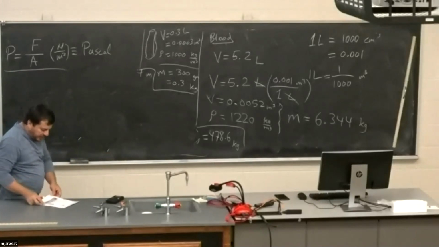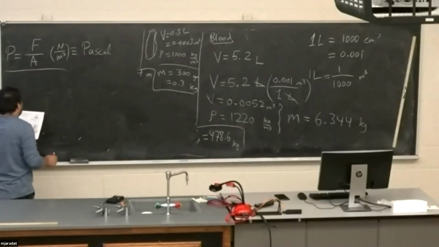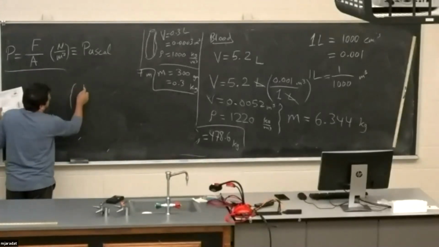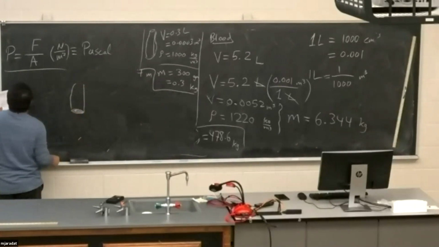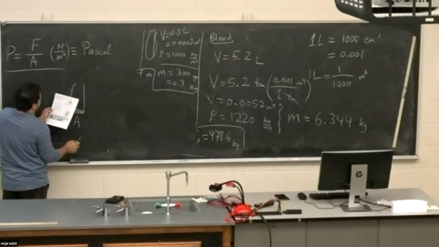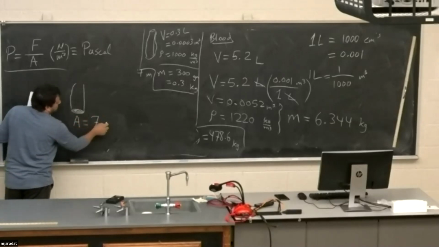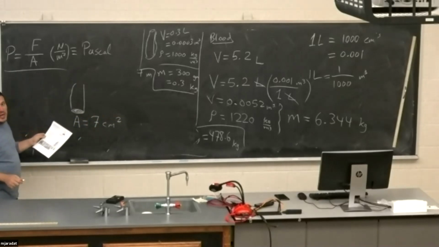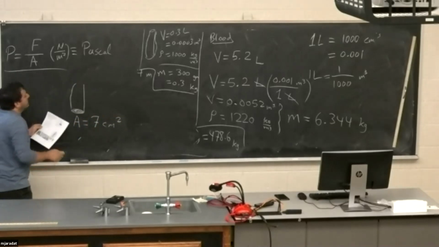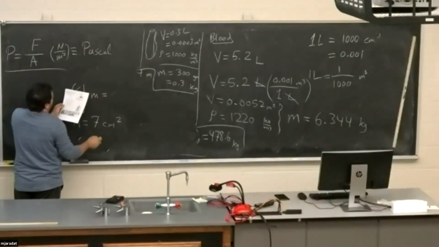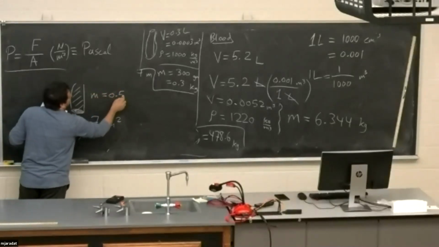Okay, the first example, a bottle of water. Again, this bottle of water has a base. This is the base. I give you the area of that base, which is 7 centimeters squared. And the mass of this water is equal to 0.5 kilograms.